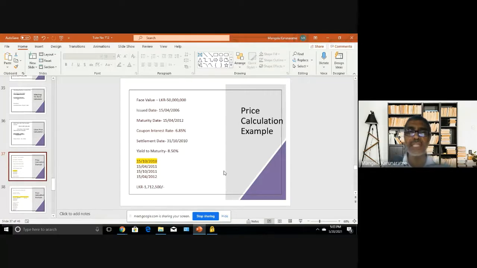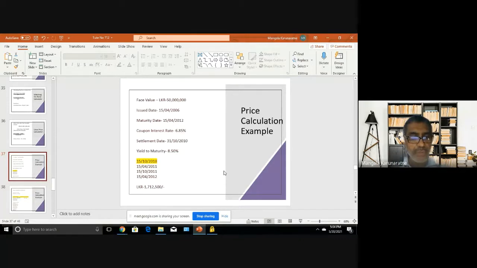What is the market data available here? It is 8.5 yield to maturity, right? That means if you invest any amount in the market, you get 8.5. If you invest 50 million in the market, you get 8.5% return on that, right?